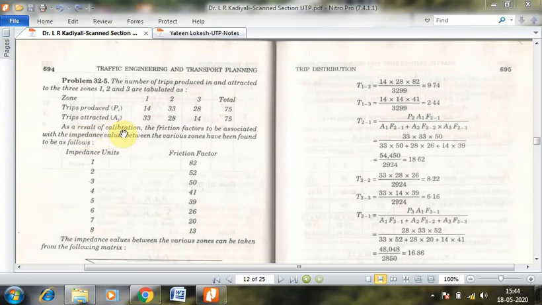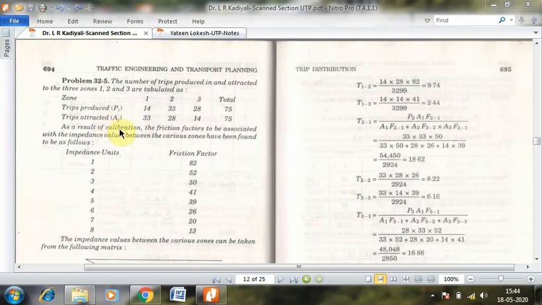As a result of calibration, now this term calibration, you will understand in a much better way when we discuss this process in detail after one or two problems are done on gravity model.